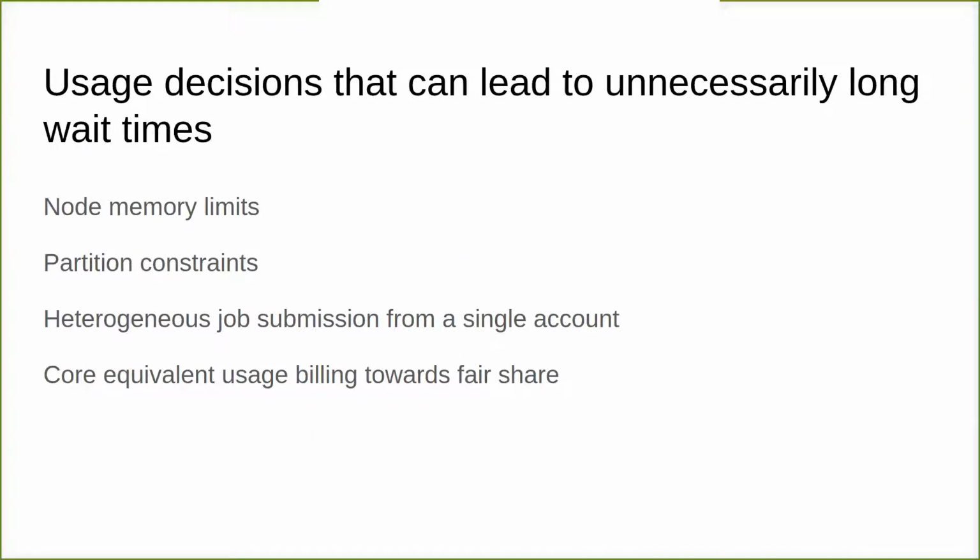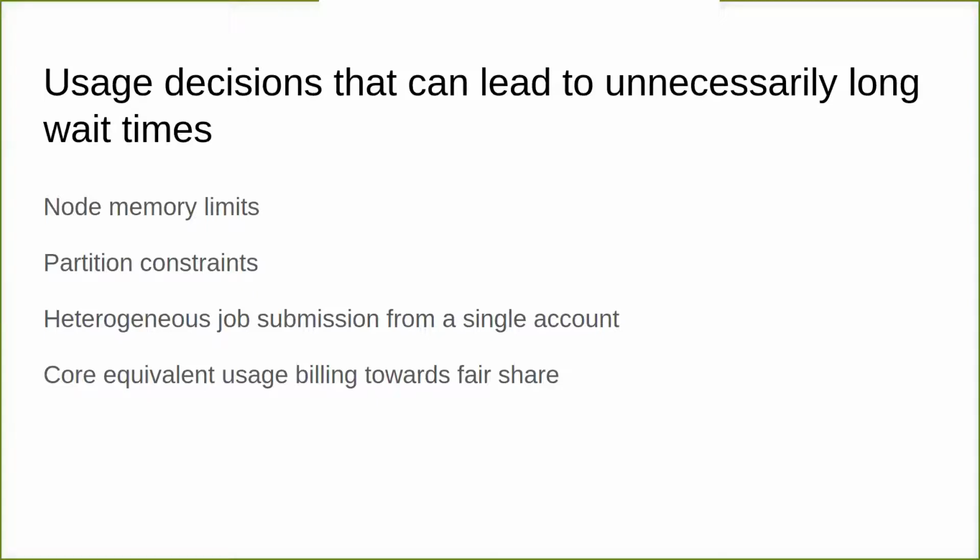So here are some usage decisions that can lead to unnecessarily long wait times. Memory requests are a huge factor in the wait times of a job, particularly whenever you make node requests that isolate your job to very small subsets of nodes on the system.